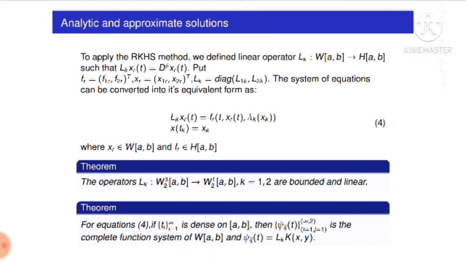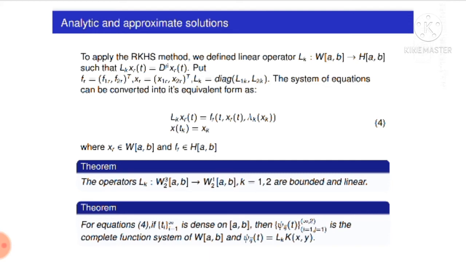Put f r equal to f 1 r comma f 2 r, x r equal to x 1 r comma x 2 r, L k equal to diagonal of L 1 k comma L 2 k. Two functions are available here. L k x r of t equal to f of t comma x r of t, lambda k x of t k equal to x k, where x r belongs to W a comma b and f r belongs to H a comma b.